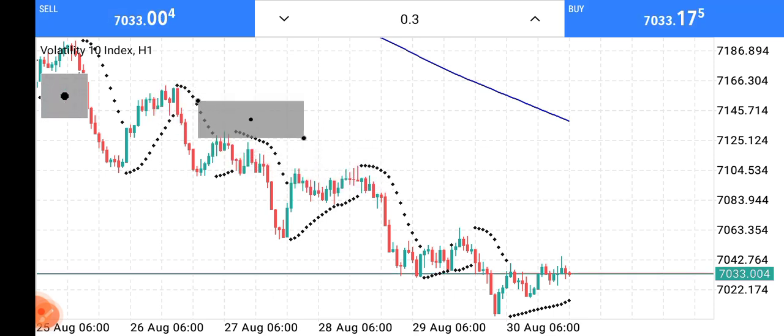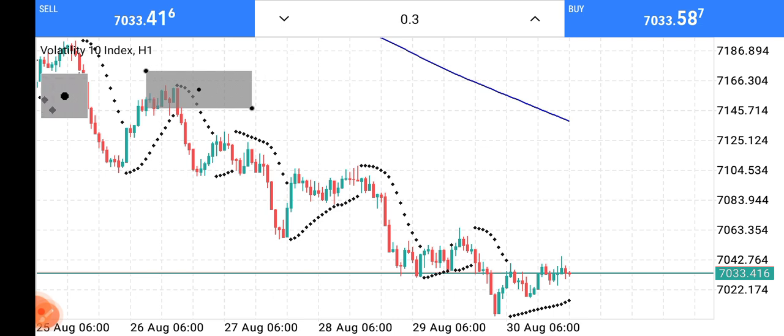Like I said, all these things are highs. Based on that they are on top now. But this is a lower high because this high is lower than this high here.